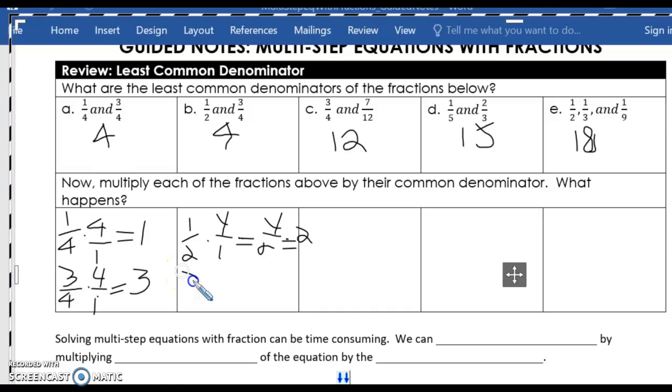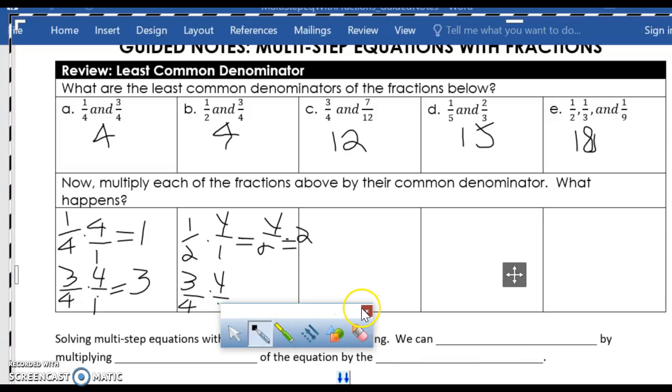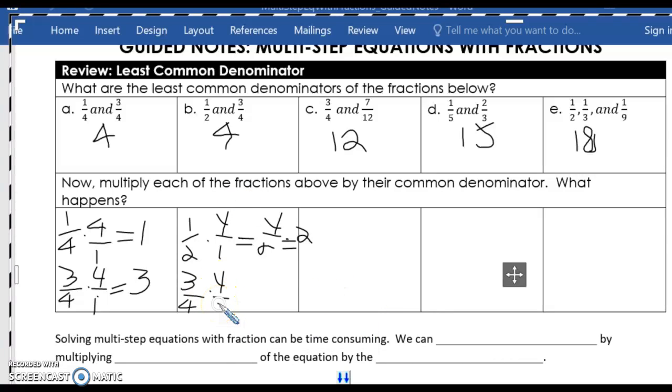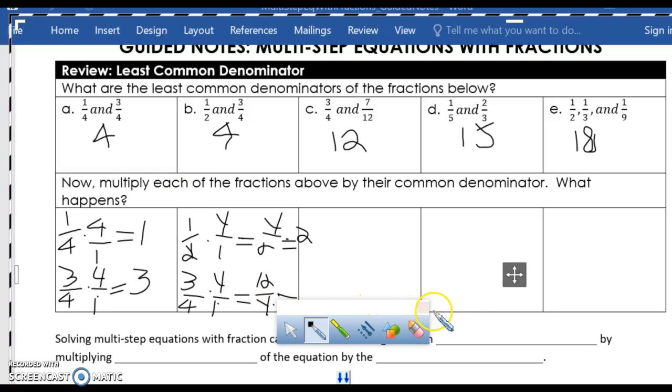And if we multiply 3/4 by 4, we get 12/4, which reduces to 3.